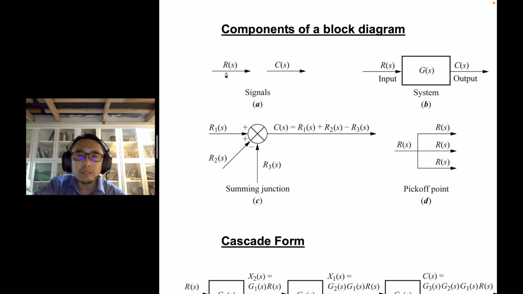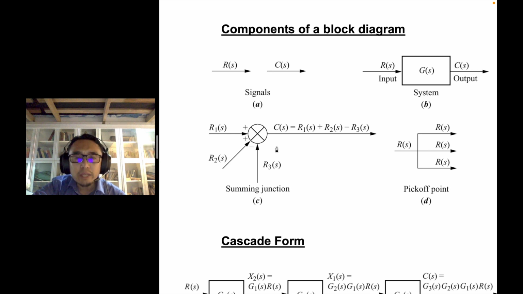R is normally the reference signal or the input, and C is the output, or normally the controlled variable. Then we have a block representing a system, relating the input and output for a particular physical system.